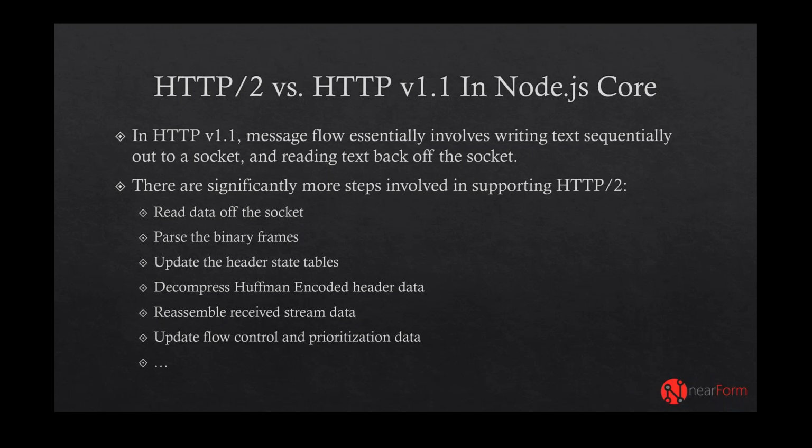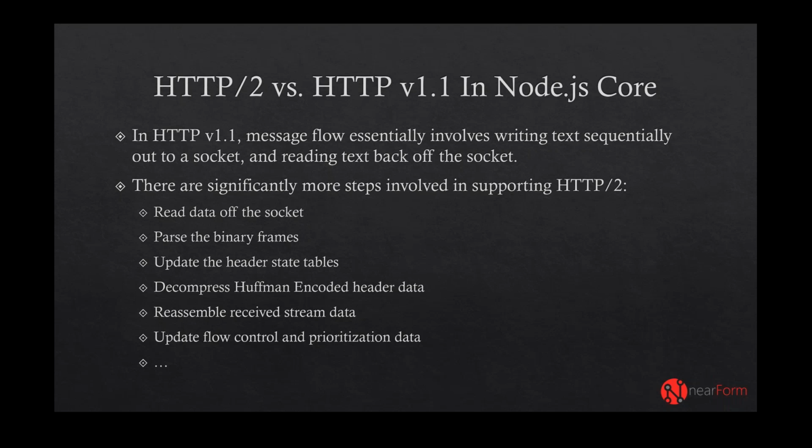There are many more steps involved in supporting HTTP2, not just reading the data off and writing it back. There's parsing the binary frames, updating header state tables, doing the Huffman decompression on the header data, and reassembling the stream data. Again, everything is chunked into multiple frames. So there's a significant amount of context management that has to happen in order to reassemble those, and a significant amount of data caching internally as well, to be able to reassemble the data and pass it back to the application layer.